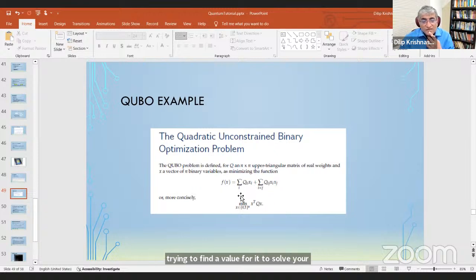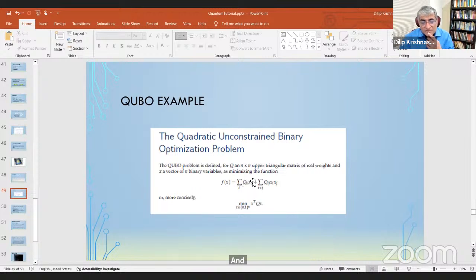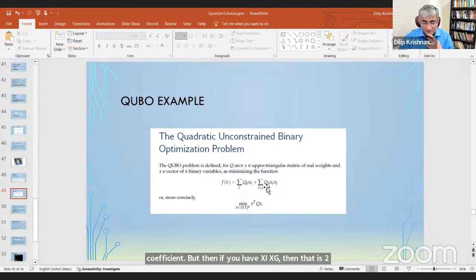And so there are different terms here. If you just have xi, then that's the state of one of the qubits. Then the qii term in front of it is called a self-coupling coefficient. But if you have xi, xj, then that is two qubits interacting with each other, and qij is called the cross-coupling coefficient, which is the strength of the connection between the two qubits that is programmed.